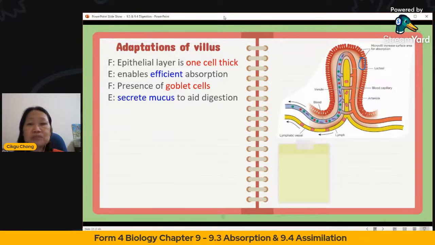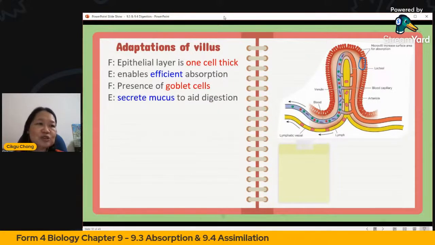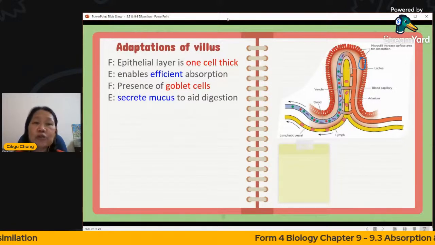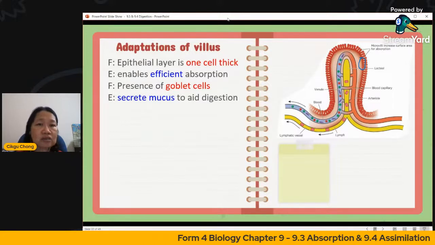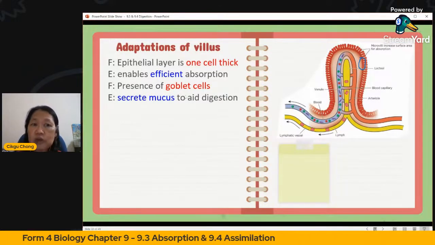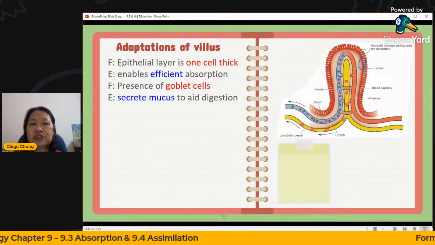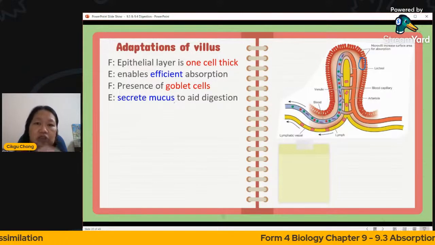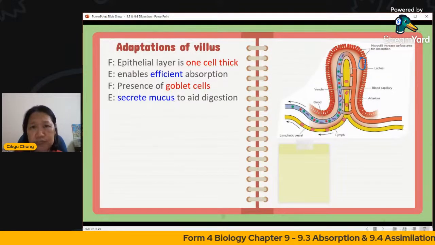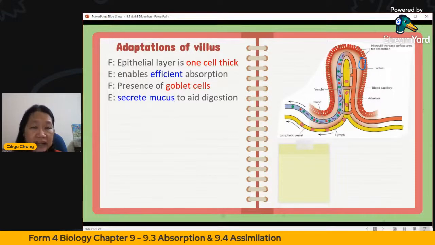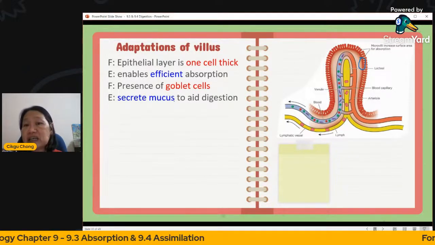The stomach produces mucus as well, to prevent the hydrochloric acid from corroding and acting upon the epithelial lining of your stomach. So it also has goblet cells. Goblet cells' function is to secrete mucus, to aid digestion here, and for the stomach, to prevent the acid from corroding the lining. So here it is for aiding digestion.